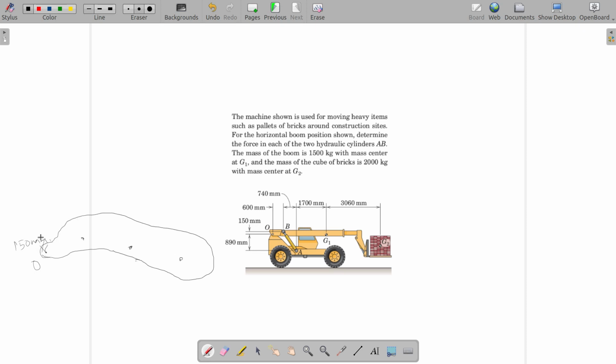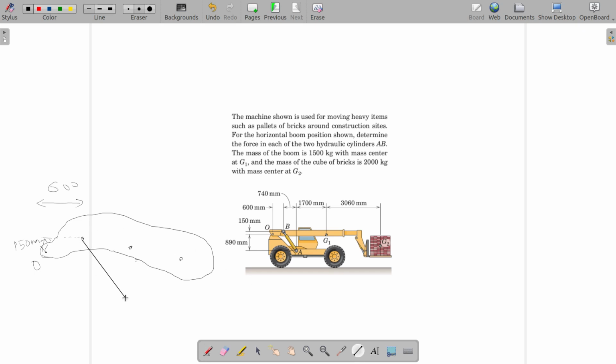but the only thing I need to take care here is I need to make sure that while doing the calculation, point B is 150 mm above from O, and then I need to correctly take the horizontal distances. This distance here is 600 from O to B, and from B to A. So there is an arm.